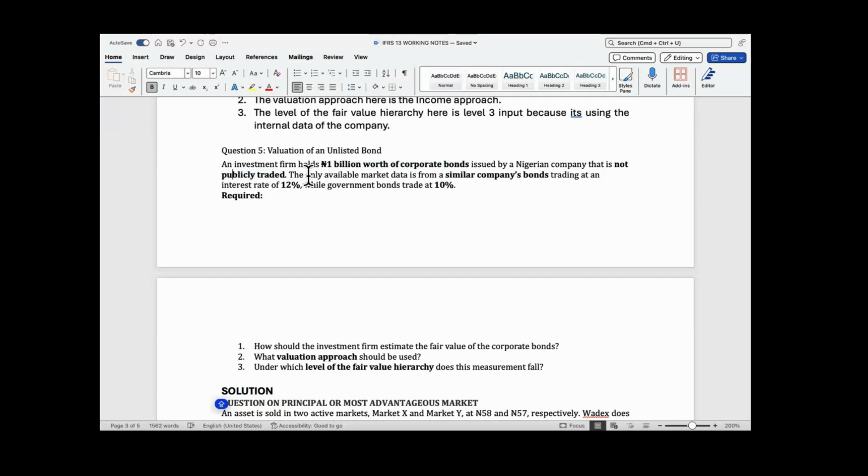They said the only available market data is from a similar company's bond trading at an interest rate of 12%, while the government bond is 10%, and since you have a corporate bond, you mostly use a similar corporate bond to do your valuation.